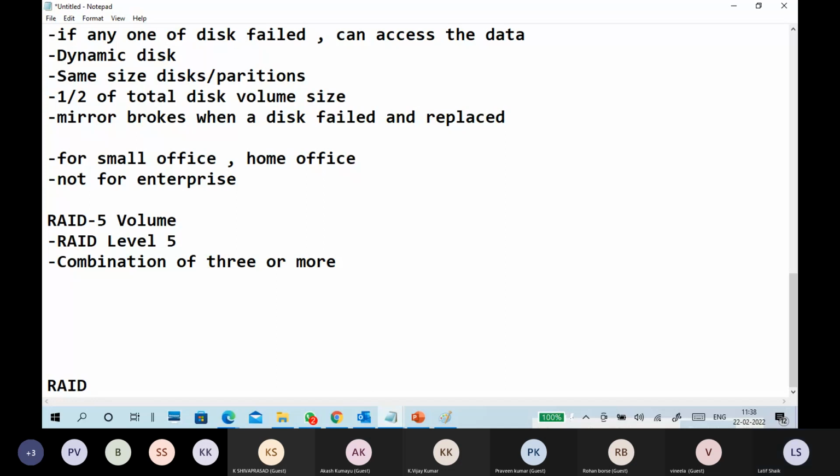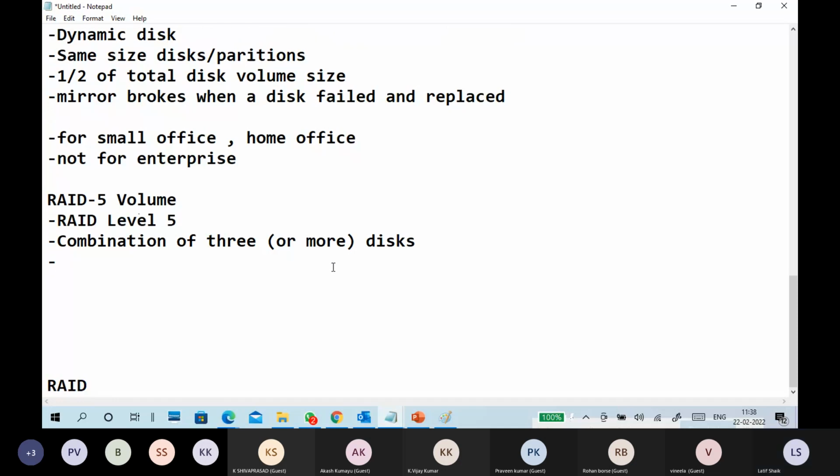So I put a bracket: more is also possible, a combination of 3 or more disks or partitions, 3 different disk partitions. It is also a single disk failure.